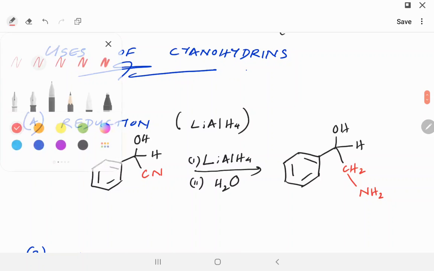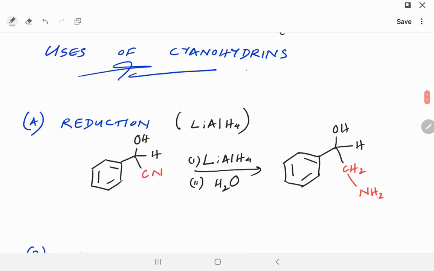So basically, if you want to learn this reaction graphically, this is what has happened. Of course, you know the cyanide is a carbon nitrogen triple bond, right? So basically what we are going to do is we are going to break the triple bond. So we are taking off 2 bonds from both carbon and nitrogen.